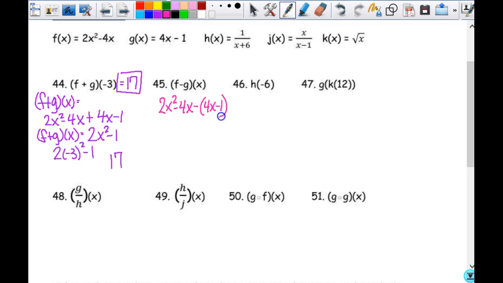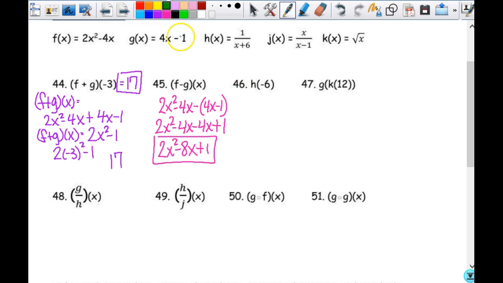These are big time important. Do not be messing up on stuff like this, because that becomes 2x squared minus 4x plus 1. So this is 2x squared minus 8x plus 1. There we go.